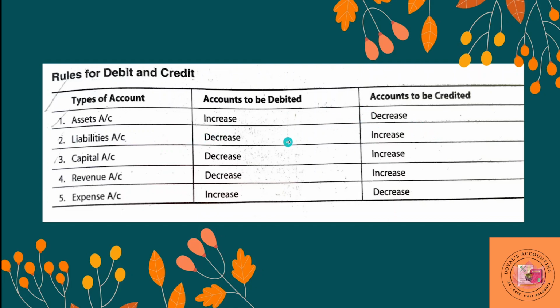But if it is decreasing, it will be debited. And capital by nature is a credit account. So if it is increasing, it will be credited. Decreasing, it will be debited. Revenue, similarly; expense also. If an expense is increasing, it will be debited. But if it is decreasing, it will be credited.